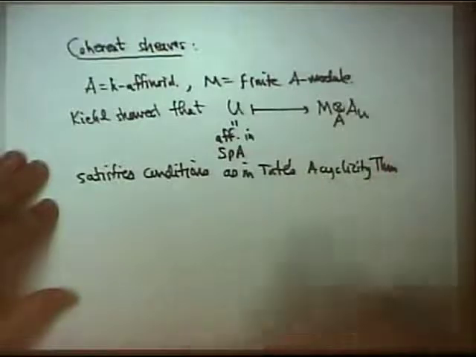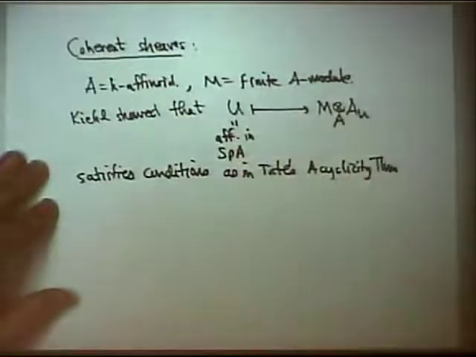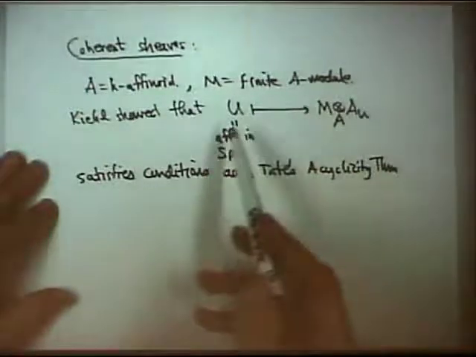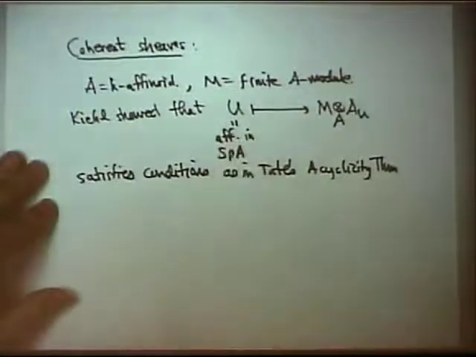Recall Tate's theorem said that in the case M is A, the assignment U goes to A sub U satisfies the required Čech exact sequence gluing conditions if we consider the covering of any affinoid subdomain by finitely many others, that you can cook up a Čech complex and that it's exact.